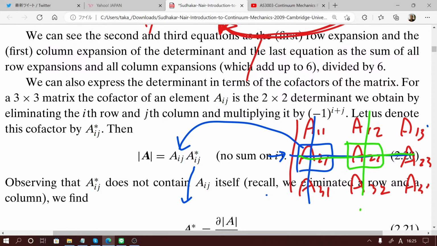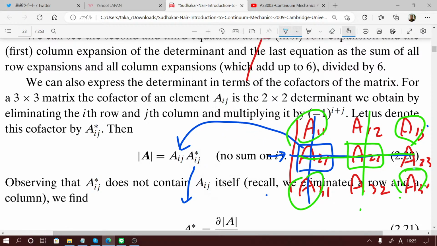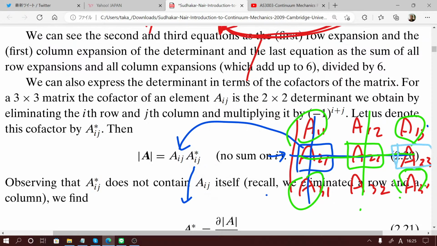Multiply by the remaining 2 by 2 matrix. Then the third term is this one, and the cofactor is this one.